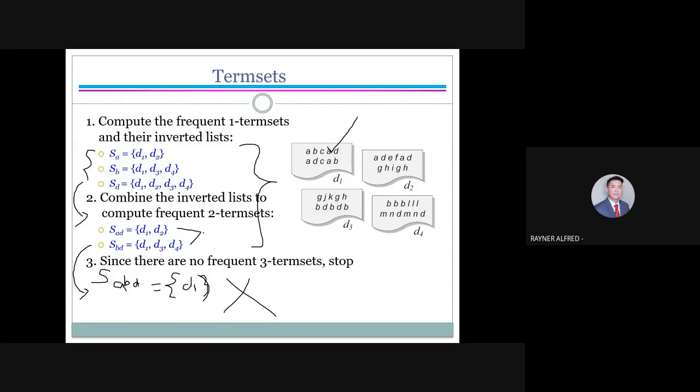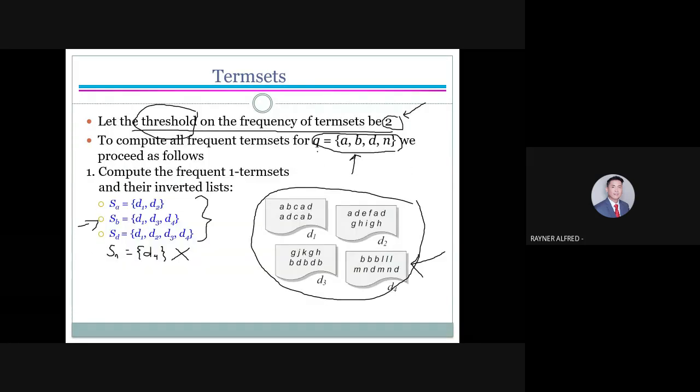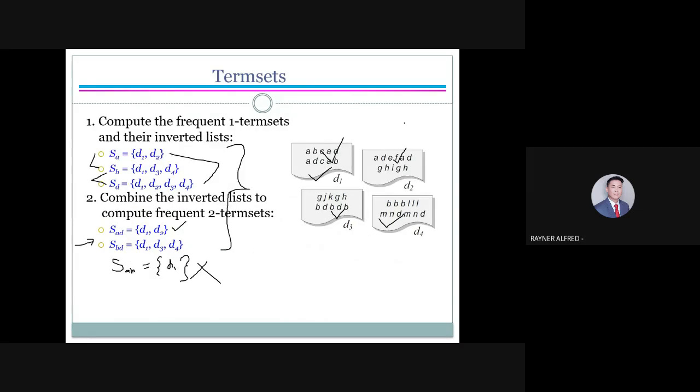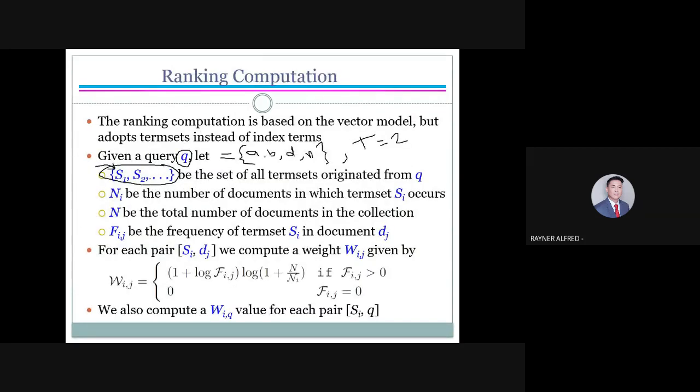Good one, Chow Kok Pei. So in this scenario, if the query is ABDN and the threshold is 2, then we have 1, 2, 3, 4, 5 frequent term sets.